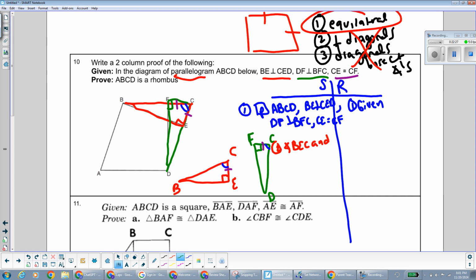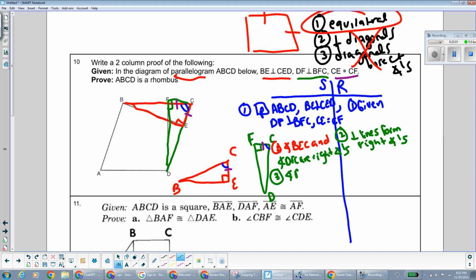That is angle DFC. Are right angles. And we know that because perpendicular lines form right angles. Since we're going to be using ASA, ASA requires congruent angle pairs. So we do need to say that those right angles are congruent to each other.